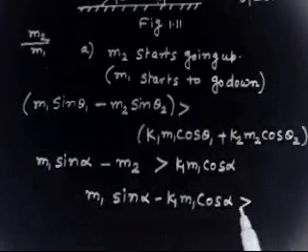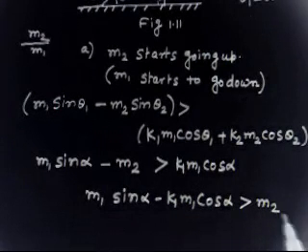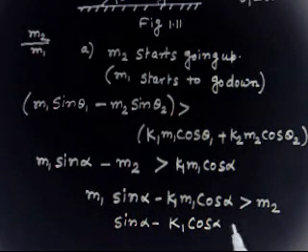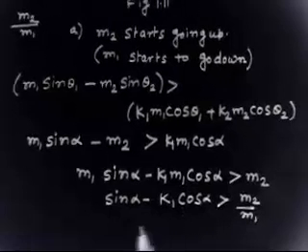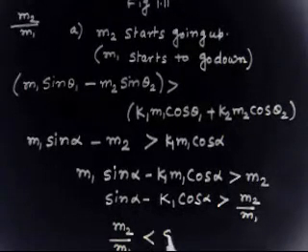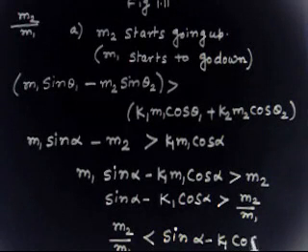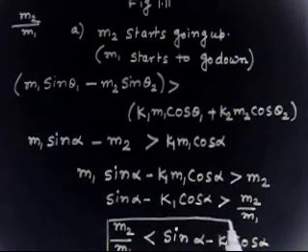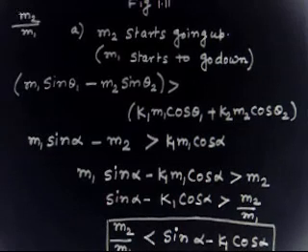This should be greater than m2, or if we divide by m1, I will have sine alpha minus k1 cos alpha greater than m2 by m1. So basically we have the condition that m2 by m1 should be less than sine alpha minus k1 cos alpha. So this is the desired condition when m1 will move down.